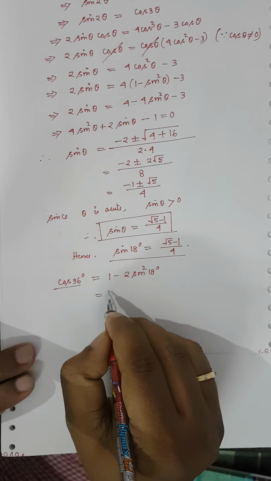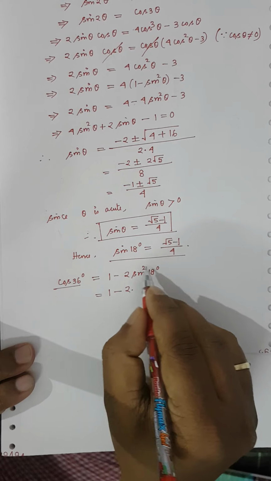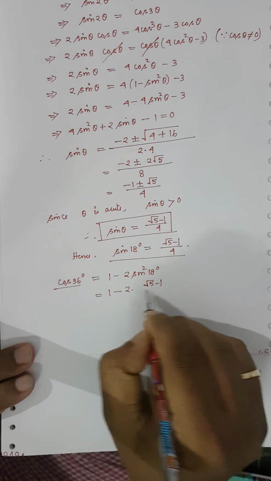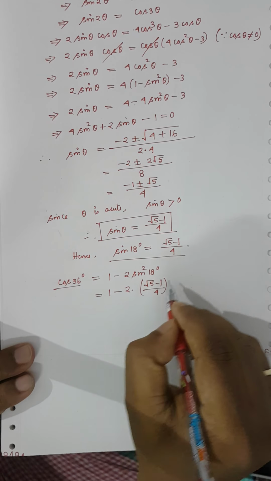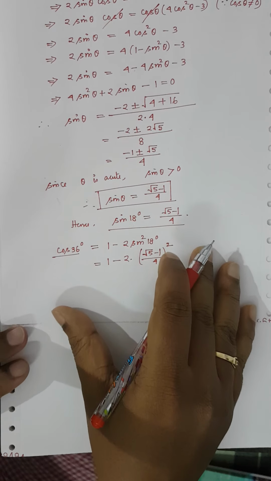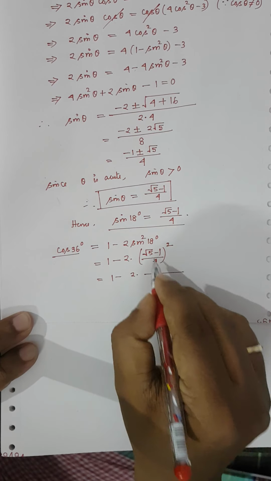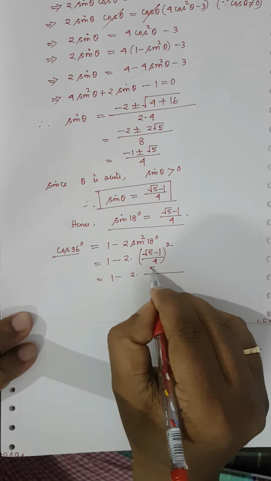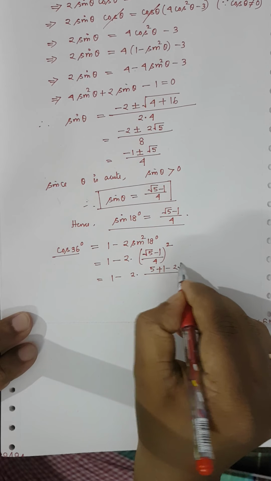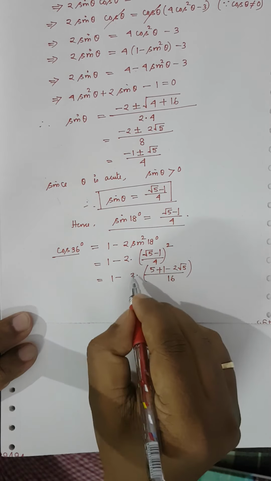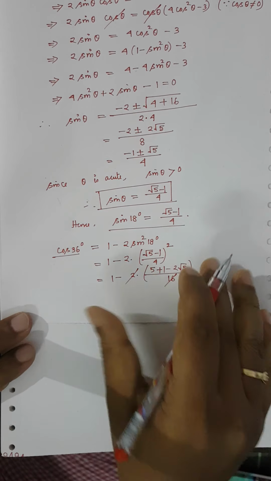So if I put the value of sine 18 degree, I'll have 1 minus 2 into root 5 minus 1 by 4 whole square. Now if I calculate, it is 1 minus 2 into root 5 plus 1 minus 2 root 5 by 16, divided by 2, I'll have 8.